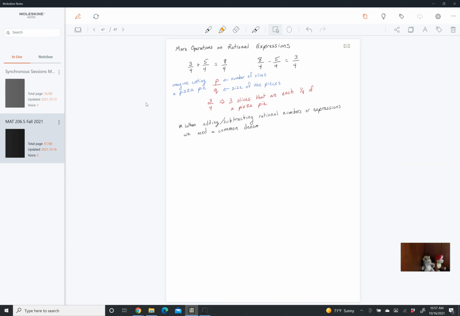A common denominator meaning we need parts of equal sizes that we're adding and subtracting. Then we can just add and subtract the numerators.